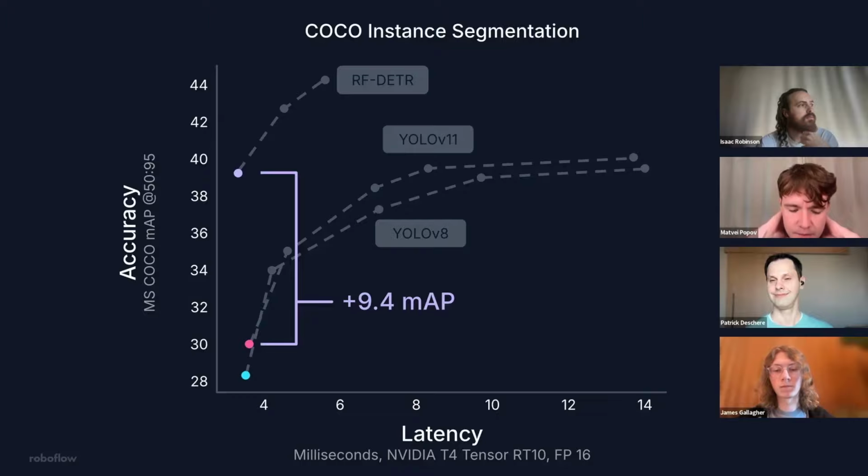Because we use these pre-trained backbones, you can be more confident that the model will transfer and perform better on your dataset with your custom use case. I think that's the biggest takeaway for me here.